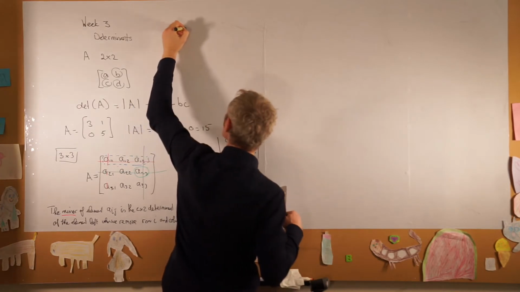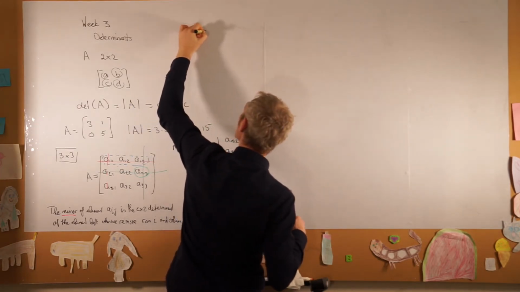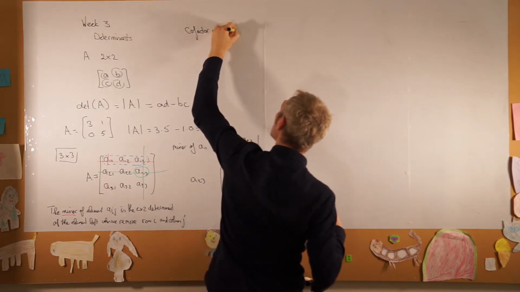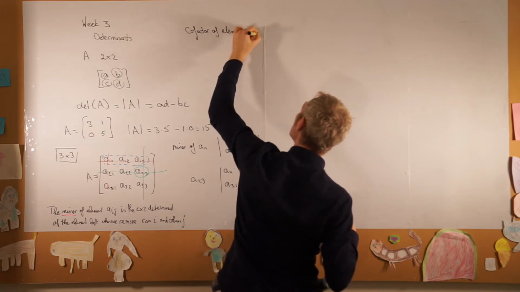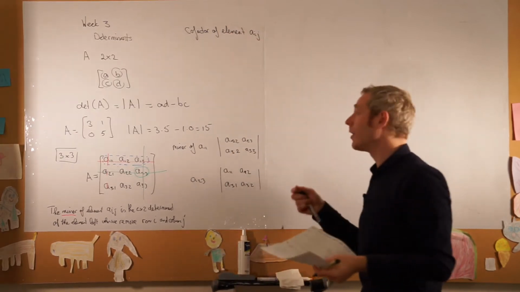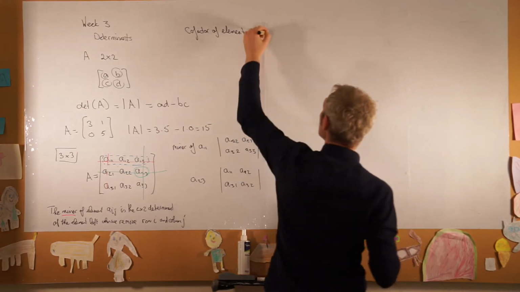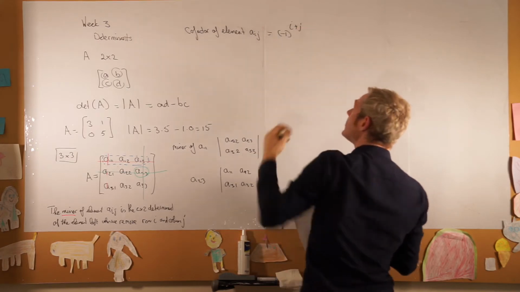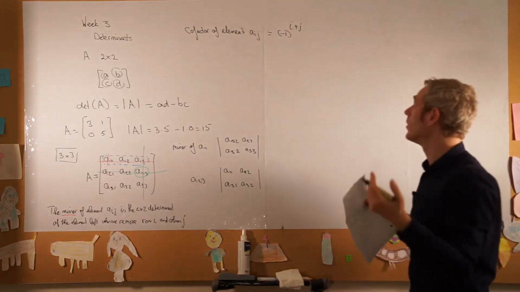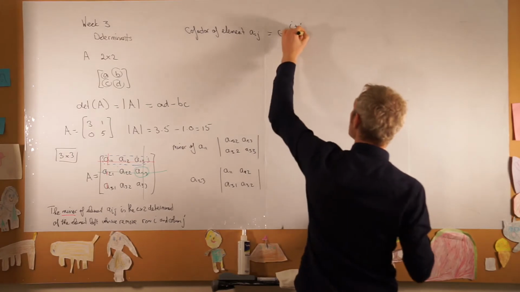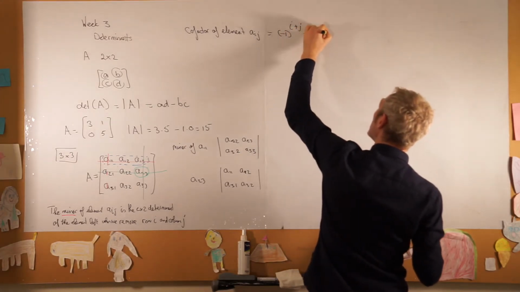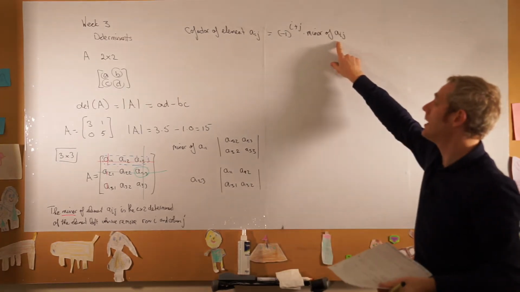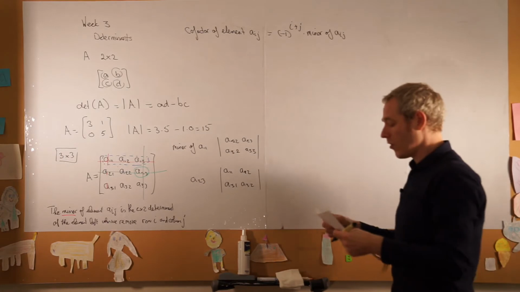The cofactor of an element Aij, so the ith row and the jth column, is equal to -1 to the power of i plus j, so this is either going to be -1 or 1, times the minor of Aij. So we already know how to calculate the minor, and we are just adding a minus or a plus sign.